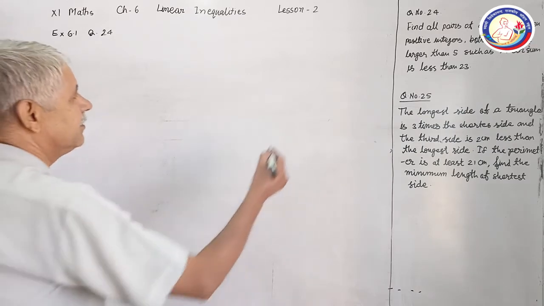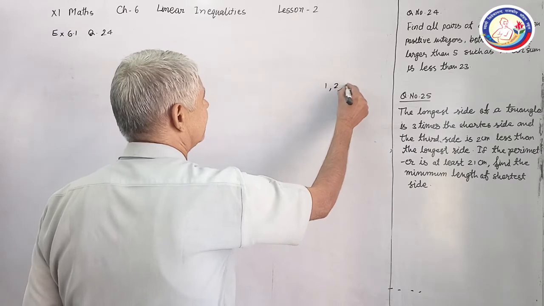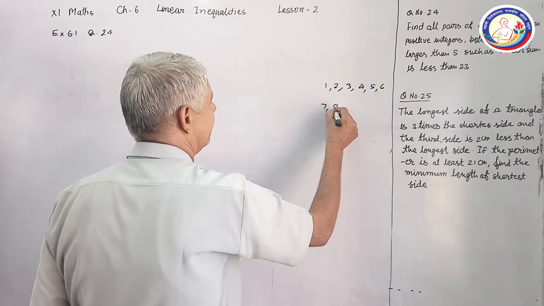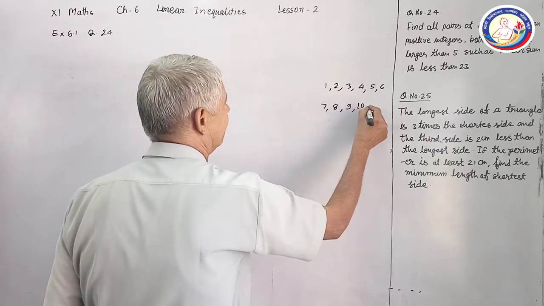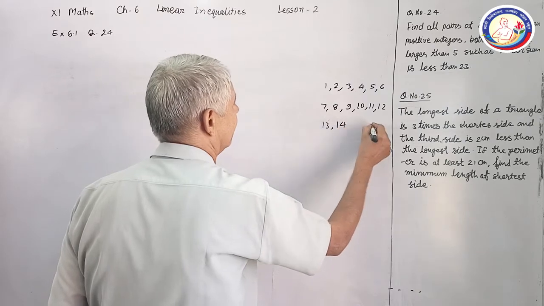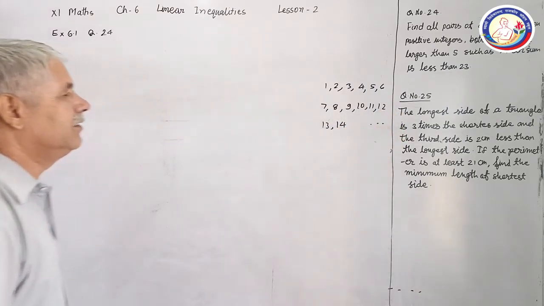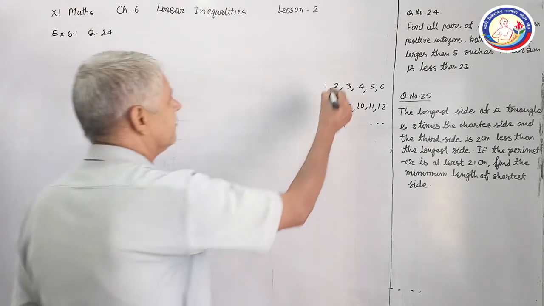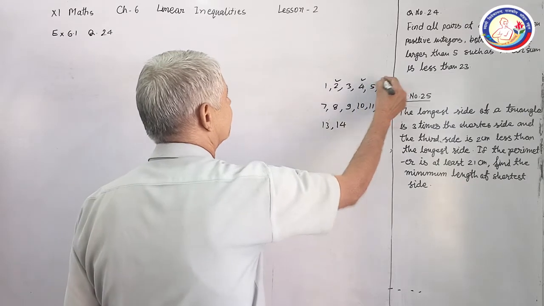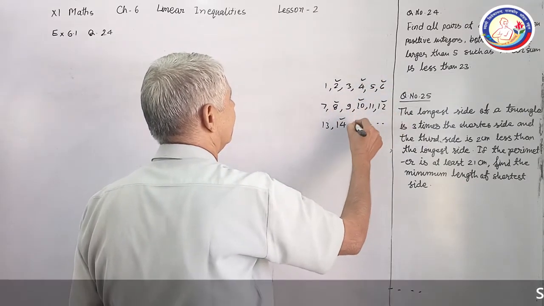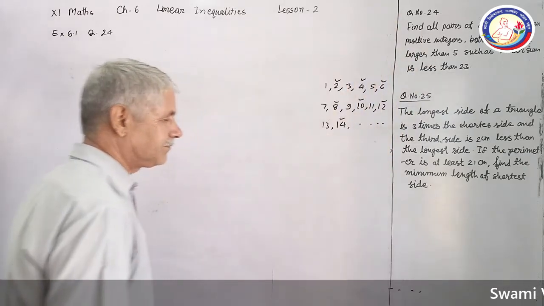So what are positive integers? These are 1, 2, 3, 4, 5, 6, 7, 8, 9, 10, 11, 12, 13, 14, up to infinity. And which integers are even? 2, 4, 6, 8, 10, 12, 14.